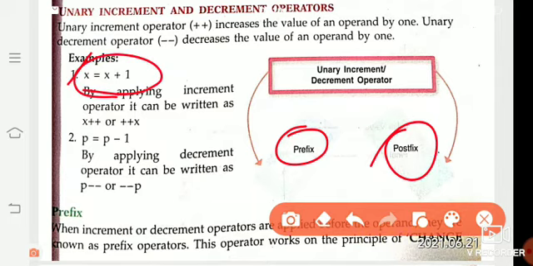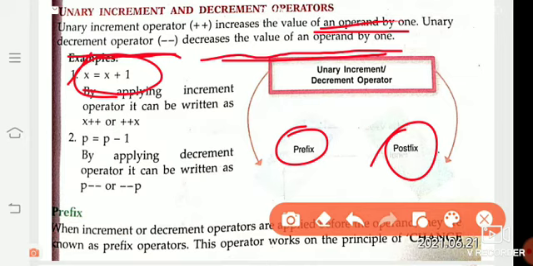Definition अगर आप चेक करना चाहते हैं तो चेक कर सकते हैं. The unary increment operator increases the value of an operand by 1, and the unary decrement operator decreases the value of an operand by 1.